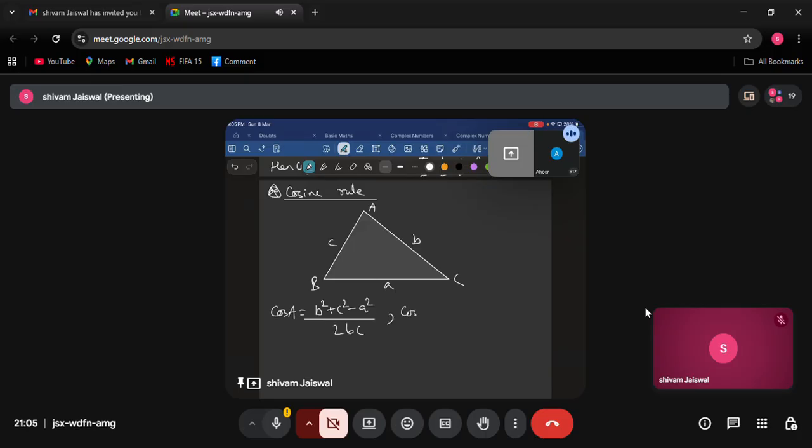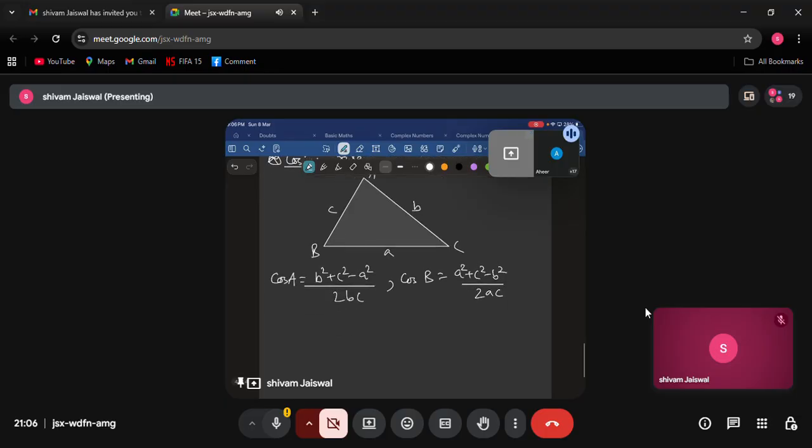Cos B is equal to a square plus c square minus b square by 2ac. And cos C will be equal to a square plus b square minus c square by 2ab.